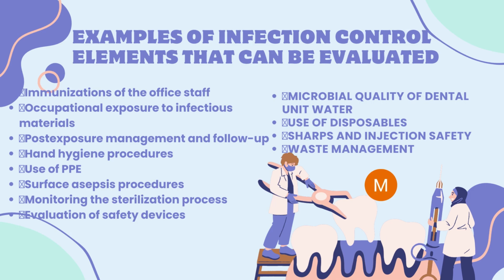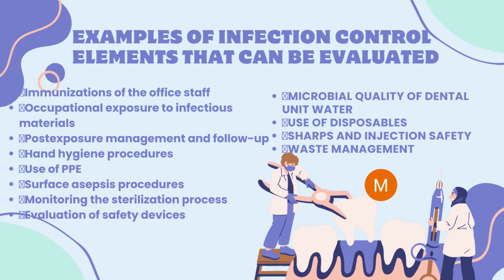What to evaluate and how to evaluate. If you look at the slide, you will see examples of infection control elements that can be evaluated. These recommendations are from the CDC. Immunizations of the office staff, which needs to be updated annually. Occupational exposure to infectious materials.